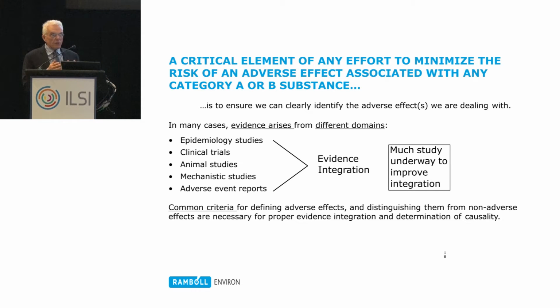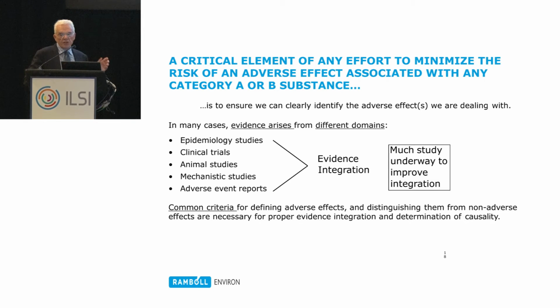If we're going to do this and do this well for complicated substances like natural constituents of food and nutrients, we need to be able to integrate well, and we also then be able to say that we've got some consistent approach to identifying and describing adverse effects.